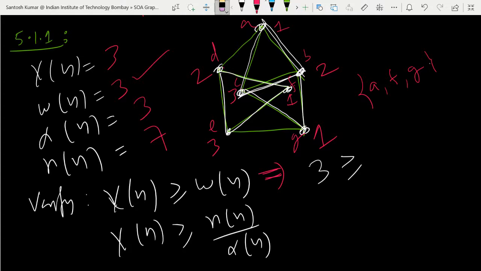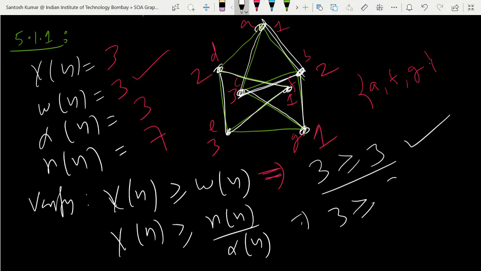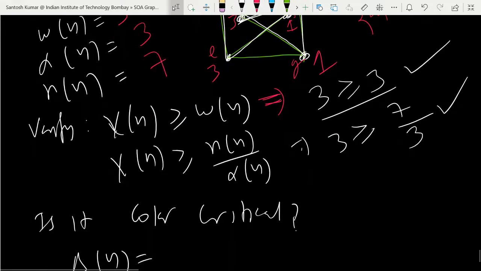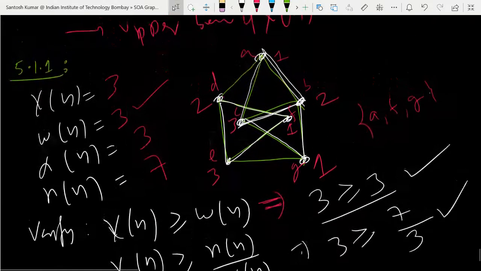So we have to verify this. Chromatic number is more than or equal to omega, this is fine. 3 is more than or equal to 7 upon 3, that is also fine.